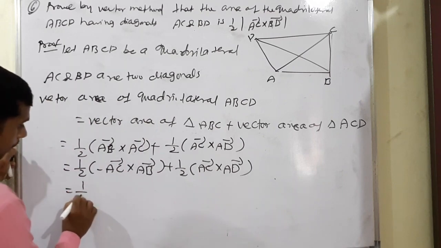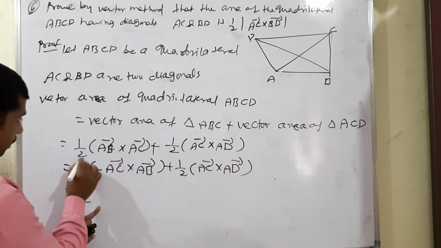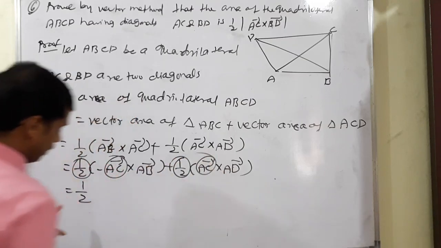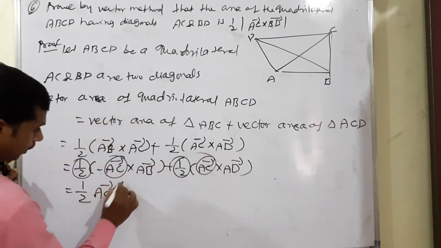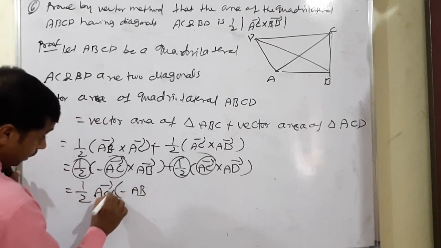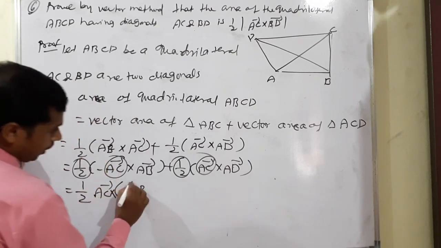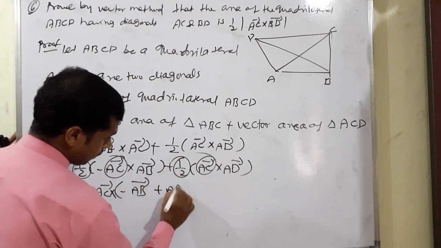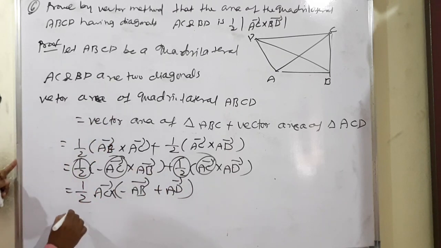Each term has half into AC vector common. Take it outside, and inside the negative sign stays: half into AC cross product, negative AB vector, then positive AD vector.